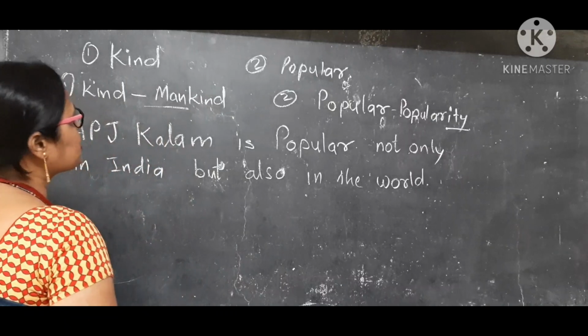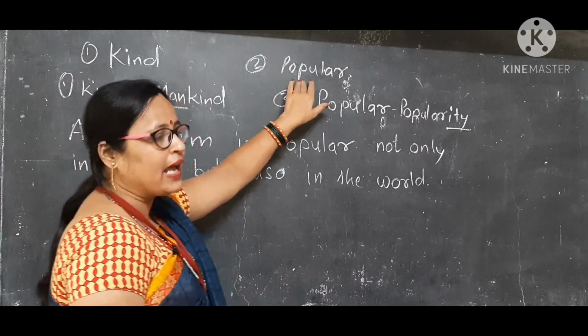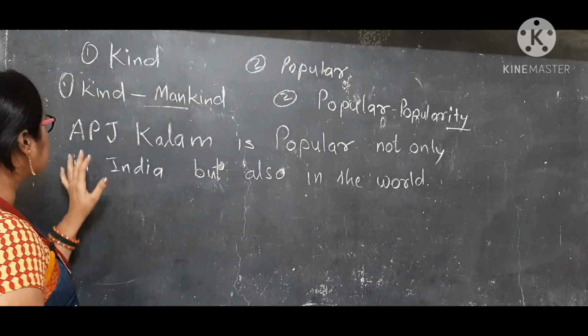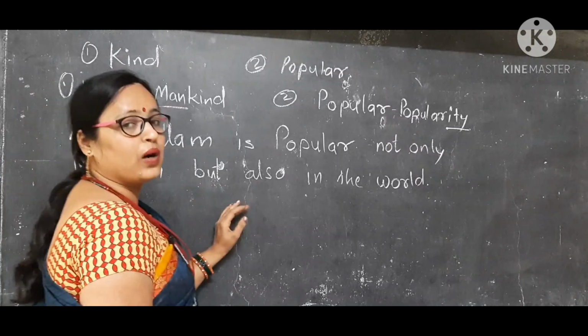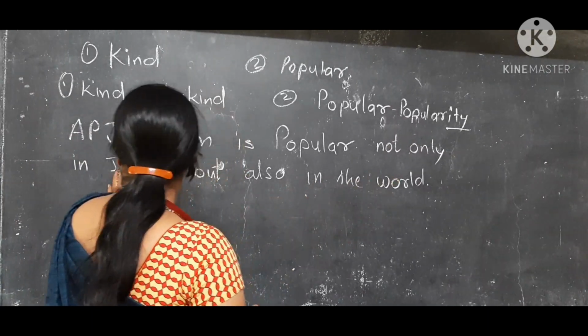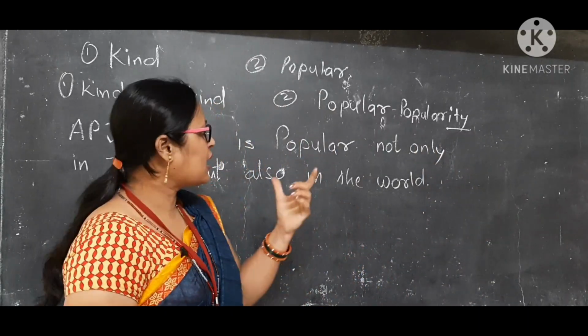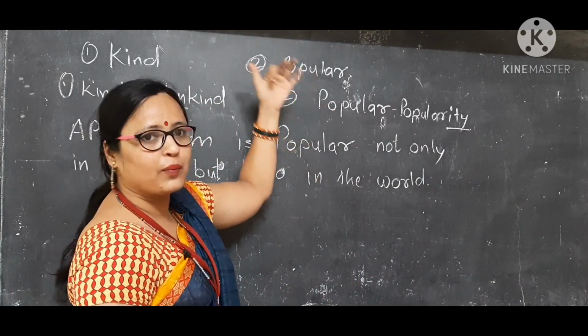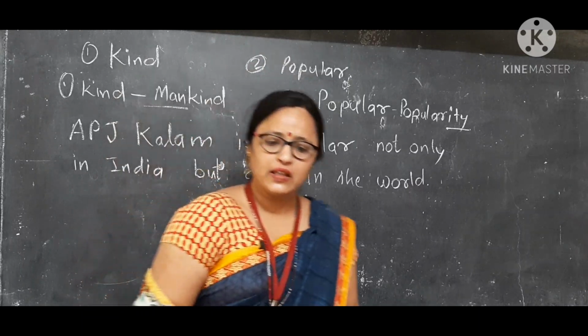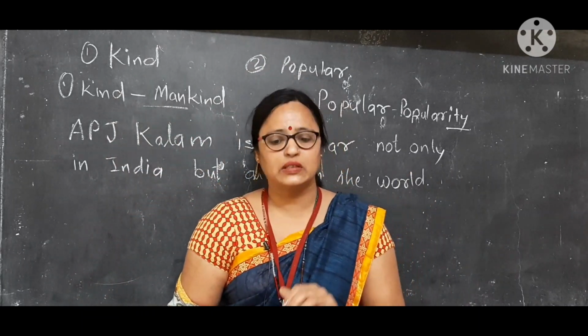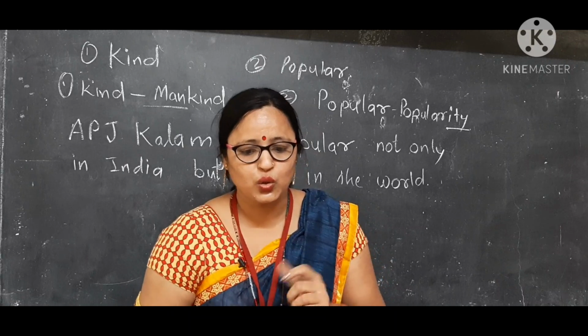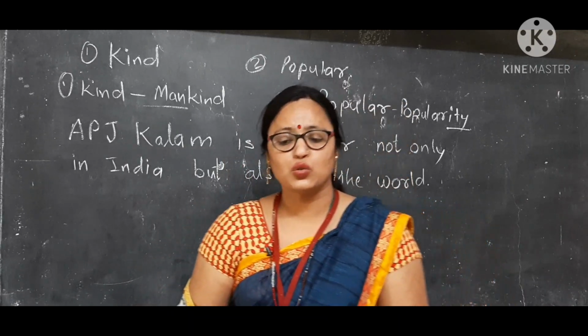I have chosen the root word popular and made a sentence: APJ Kalam is popular not only in India but also in the world. So my dear friends, I have to use either popular or kind. In this way you have to solve this activity to gain 2 marks.